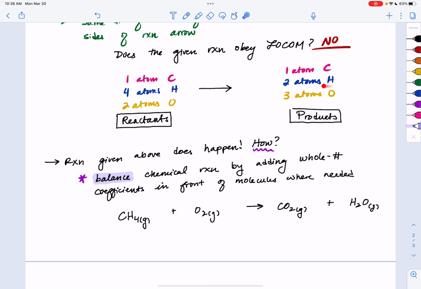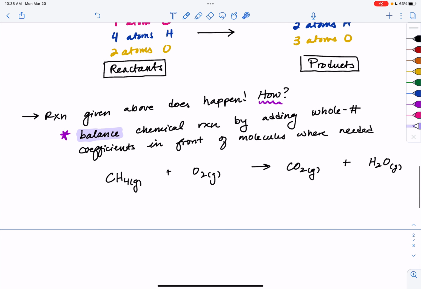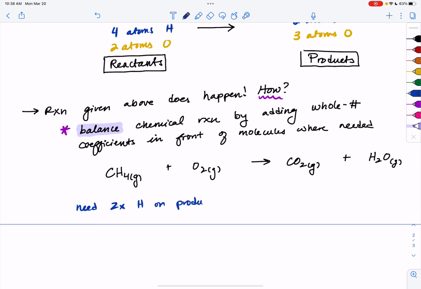Specifically, I have half as much as I need. So let's look at our products here. To start, I know that we need twice as much hydrogen on the product side. So this is kind of like our thought process or where we're starting.